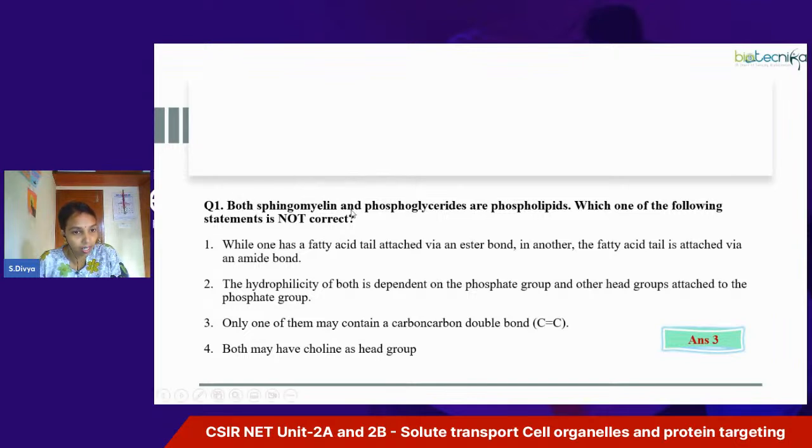Yeah, this is an example of a sphingolipid. Which sphingolipid? Phosphosphingolipid or glycosphingolipid? You are saying glycosphingolipid. Okay.